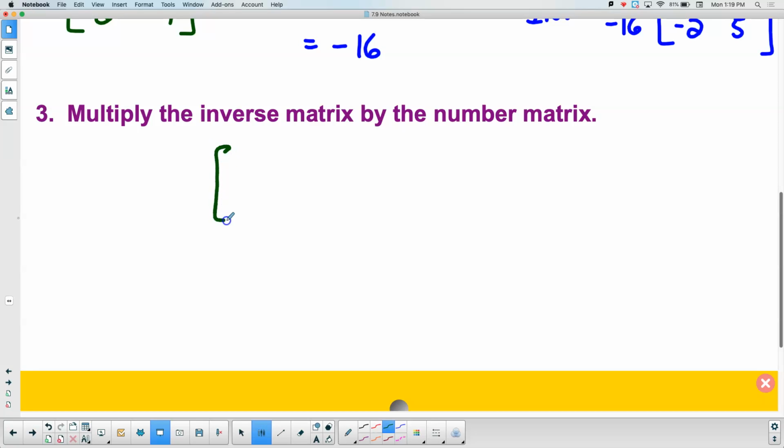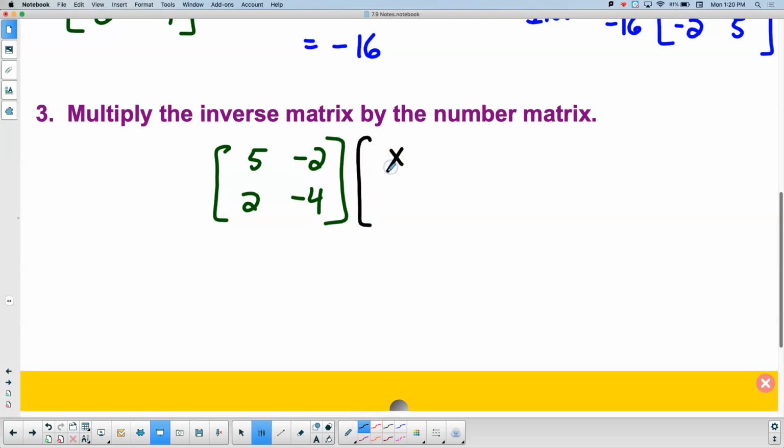That matrix equation was 5 and -2 and 2 and -4, then x and y, then an equal sign, and I'm going to leave a little bit of a space because I know what's coming.